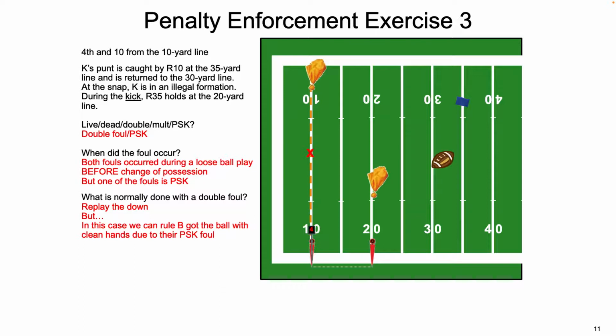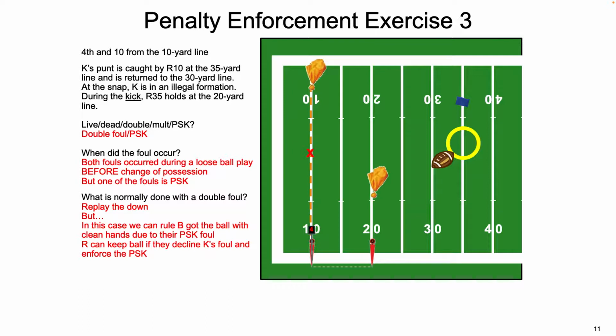PSK is all about getting this game moving and not re-kicking. So in this case, we can rule B got the ball with clean hands due to their PSK foul. So what is the normal situation for B to keep the ball in a clean hand situation? They can keep the ball if they decline K's foul and enforce their PSK.